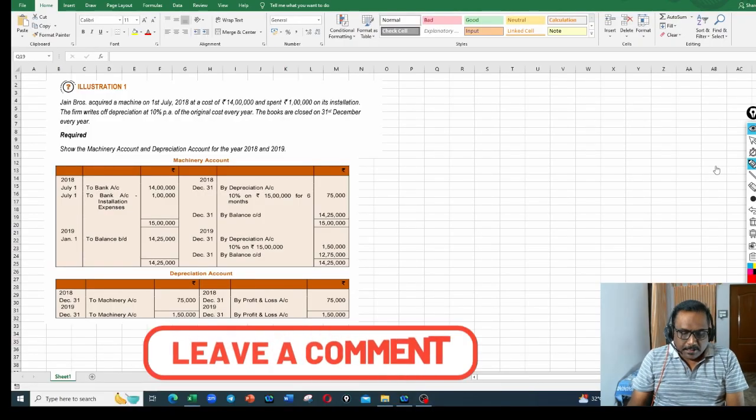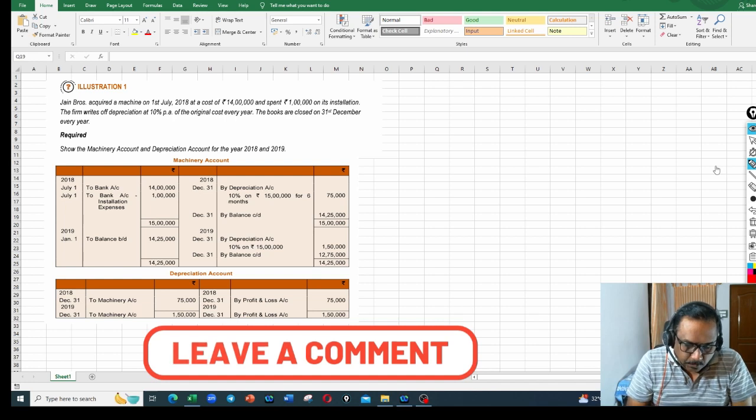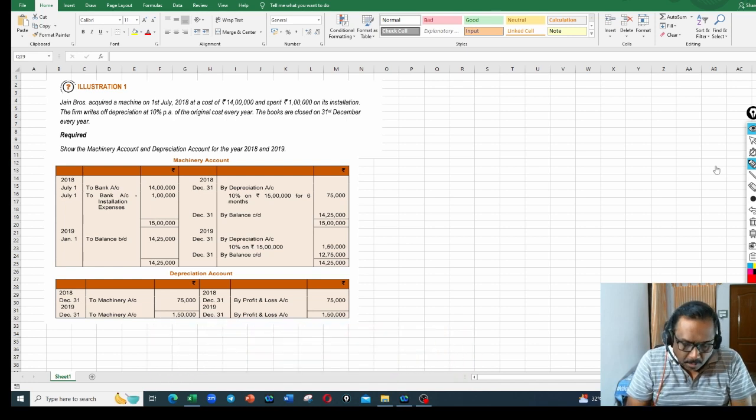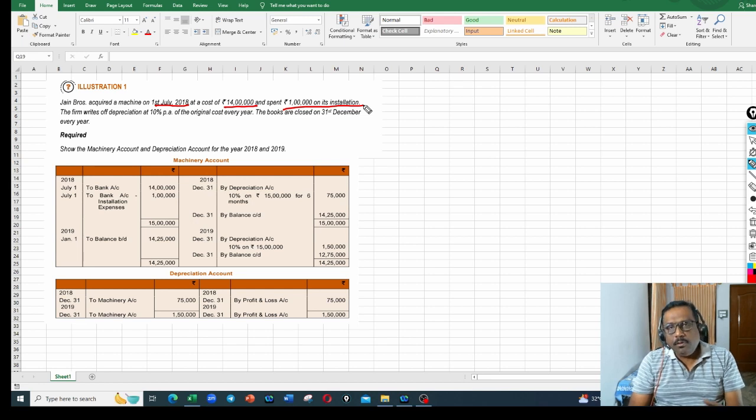Let us read the problem. Jain brothers acquired a machine on 1st July 2018 at a cost of 14 lakhs and spent 1 lakh on its installation. So installation expenses have to be capitalized.